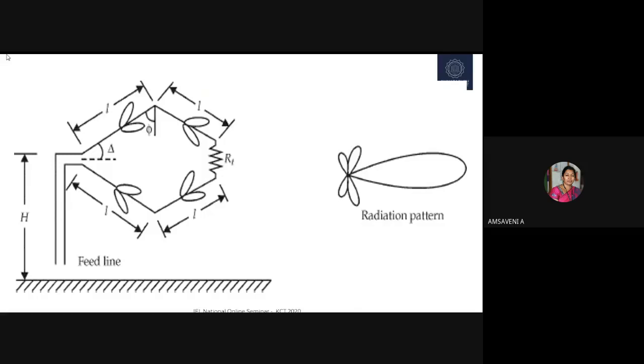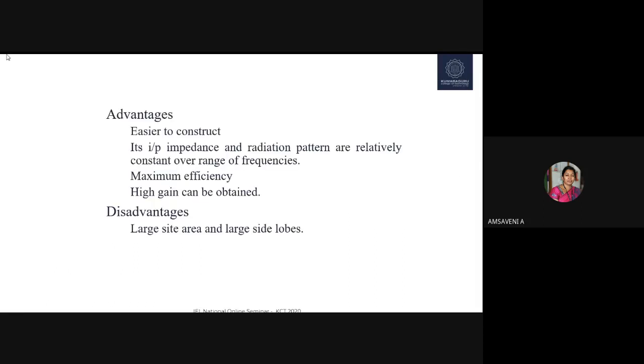This antenna will be installed horizontally above the ground plane at a distance of h from the ground, and as it is horizontally installed, it will produce a horizontally polarized wave. That is, the direction of the electric field vector will be horizontal with respect to the plane surface. It is easier to construct, and it provides better gain and better efficiency.